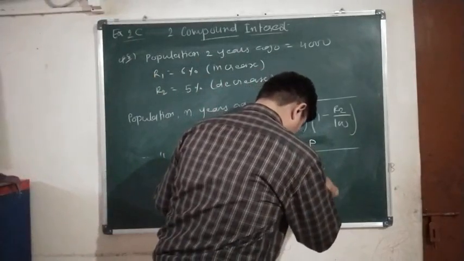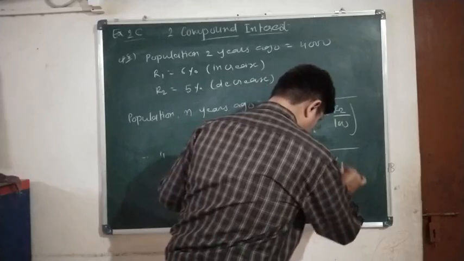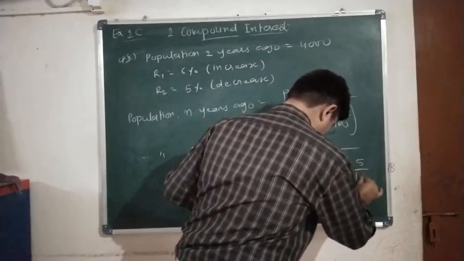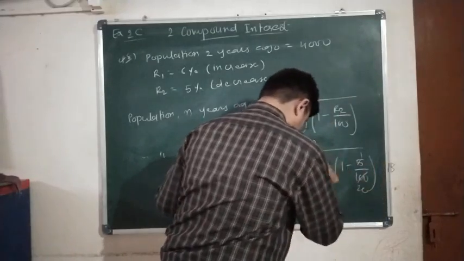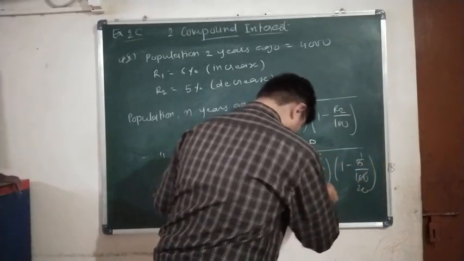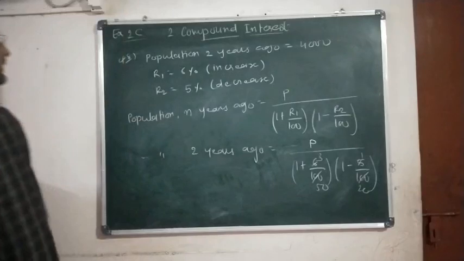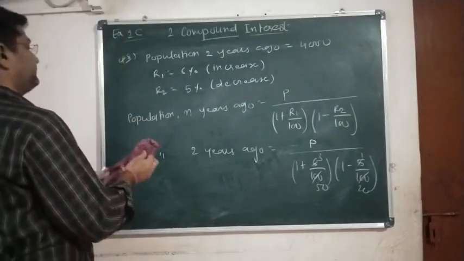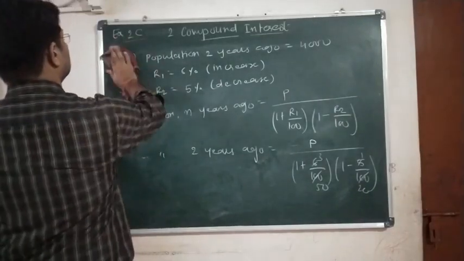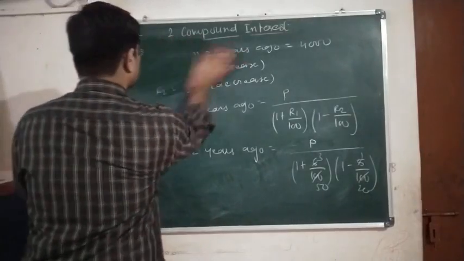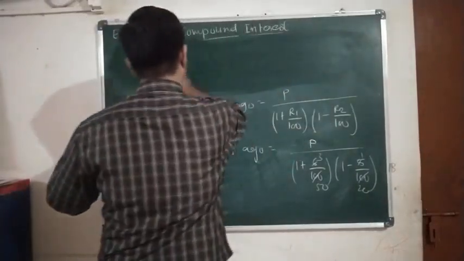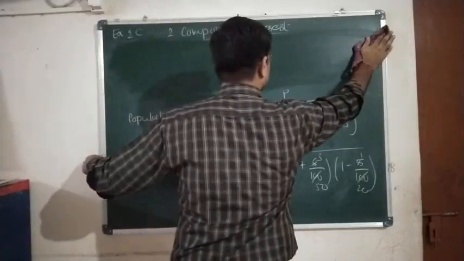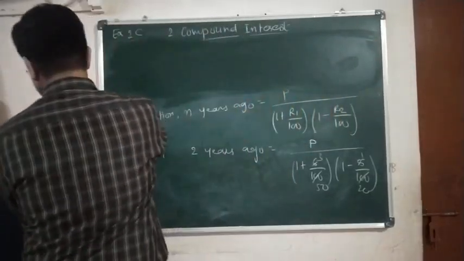So 1 plus 6 upon 100 into 1 minus 5 upon 100. 5 ones are 5, 2 threes are 6, 2 fives are 10.